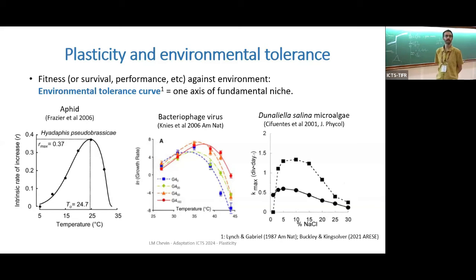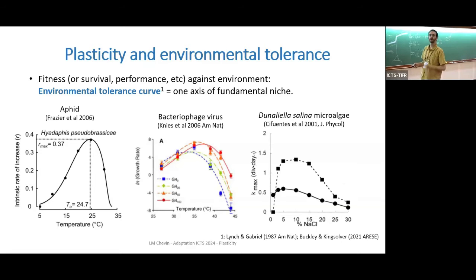So this is studied a lot, especially to predict responses to environmental change. Usually they're hump-shaped like that, they have an optimum environment. For temperature, they're usually skewed. High temperature causes a faster decrease.